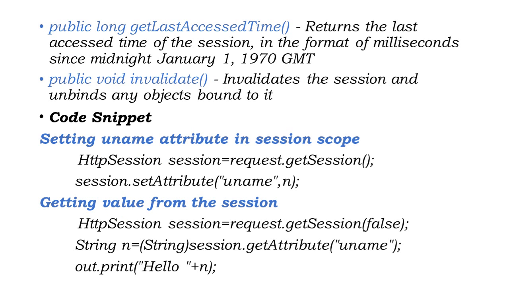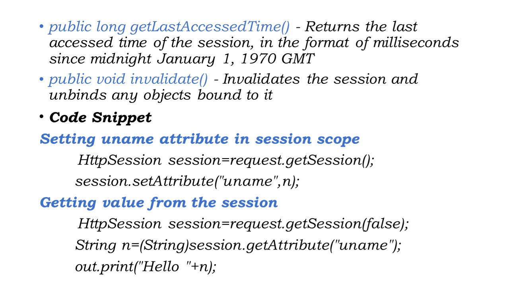The next method is public long getLastAccessedTime. This method returns the last accessed time of the session. It is also measured in milliseconds. The last method is public void invalidate. This method invalidates the session and unbinds any objects bound to it.